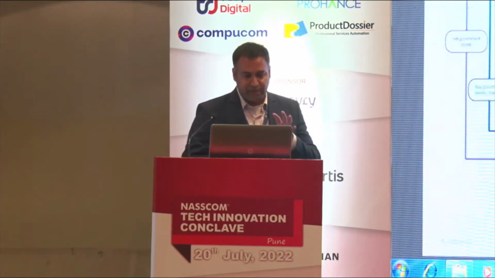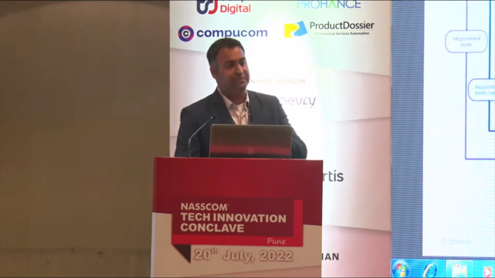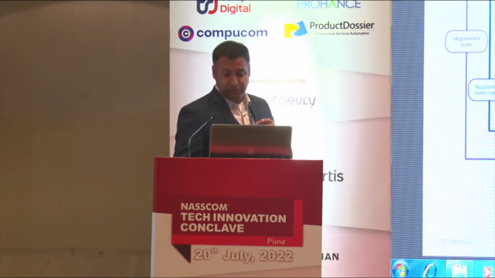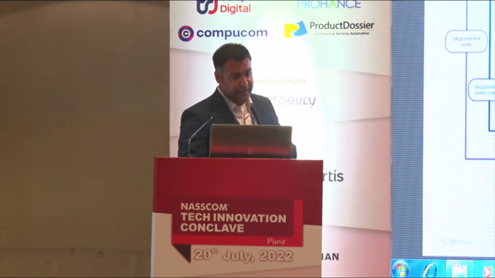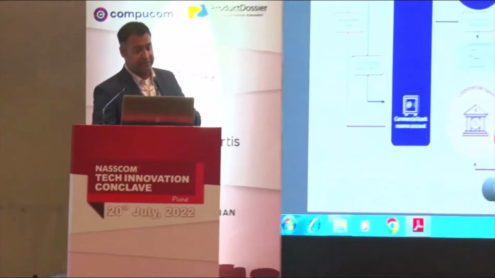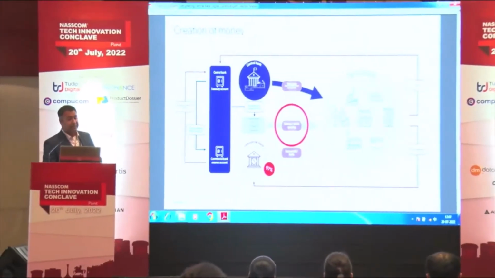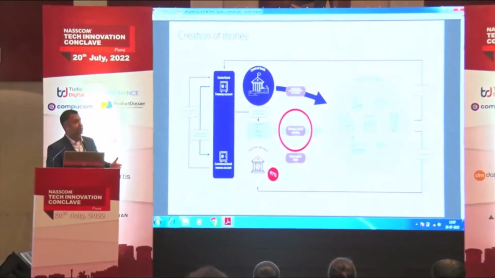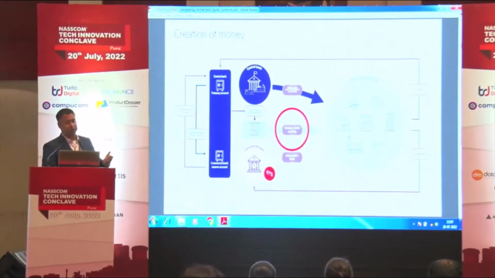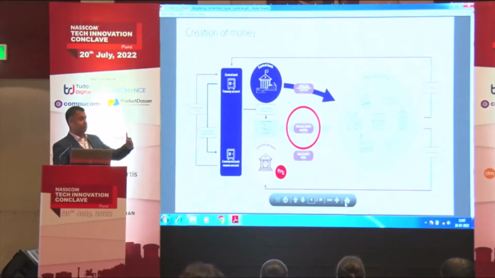I also have a picture to show how money flows into the system and how it comes back. Up here you see the central bank prints cash, mints coins, and that goes into the economy for usage, through banks or through different channels. Then you have the commercial banks, which extend credit and loans to businesses and individuals, and that comes back as loan repayment with interest, adding to the money which was created.